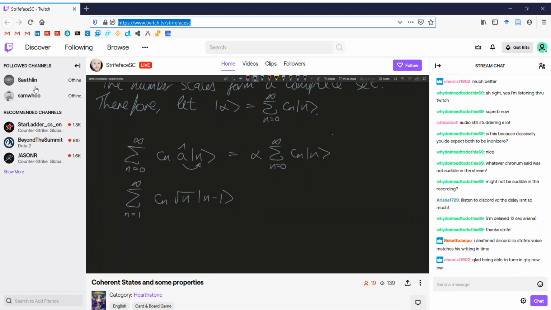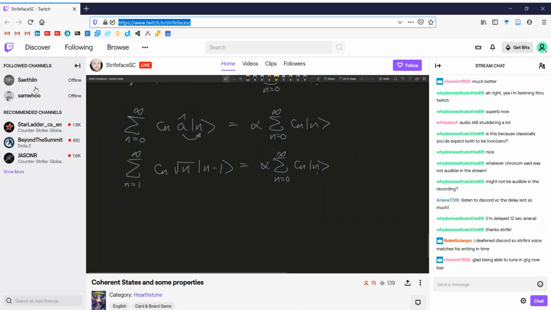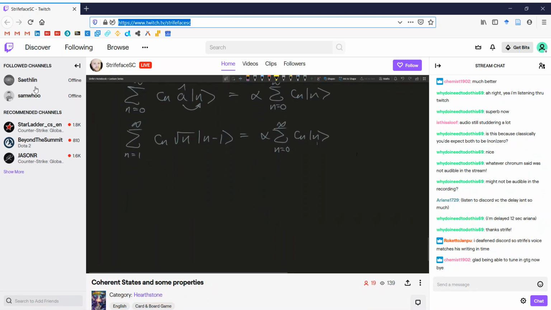Now, we want to derive the coherent state alpha. In order to do that, we need to determine the coefficient Cn. So what we're going to do at this point is compare the coefficients of the left-hand side and the right-hand side of the equation.